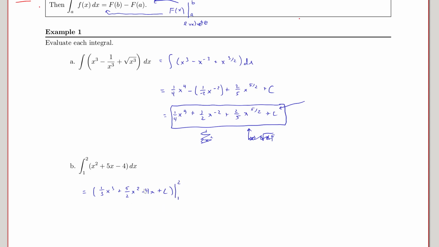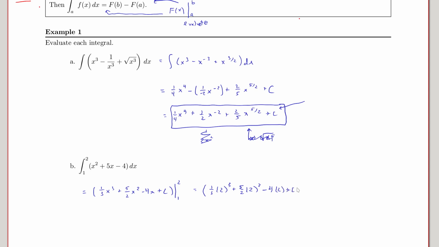So make sure you change the notation. After you've done the antiderivative, the integral symbol should be gone, and you just have this evaluation bar. And so what happens here, we have 1/3, 2 cubed plus 5 halves, 2 squared. So the first term we evaluate at the upper limit, which is 2.